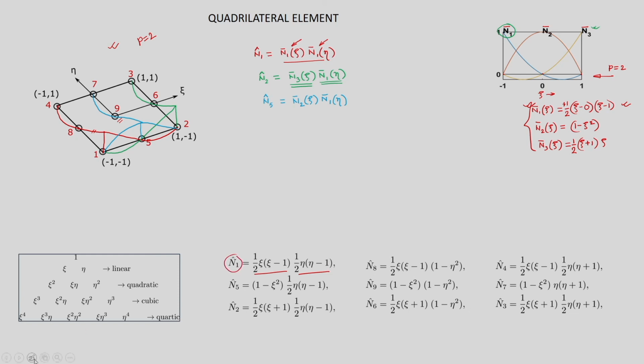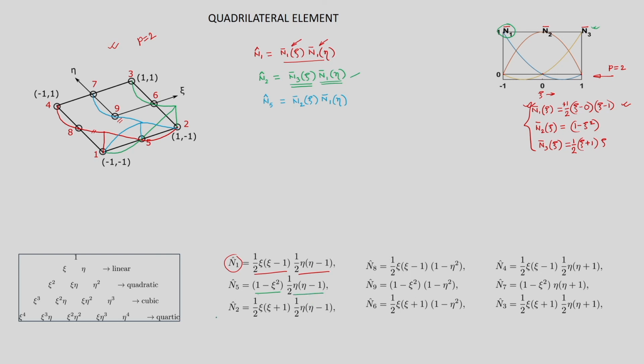Now similarly, N2 is N3 in xi and N1 bar in eta.